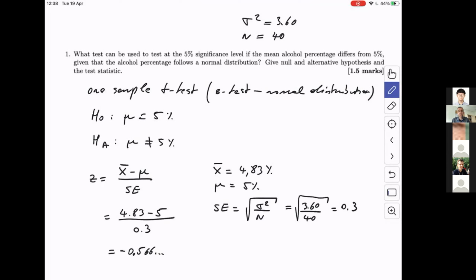From the z-value, you can already see that this is probably not going to be a significant result because we know our threshold for the normal distribution is 1.96. If we have z-values bigger than that, then at a 5% significance level, that's going to cause us to reject the null hypothesis. But here, we are much less than that, so probably not going to be a significant test.